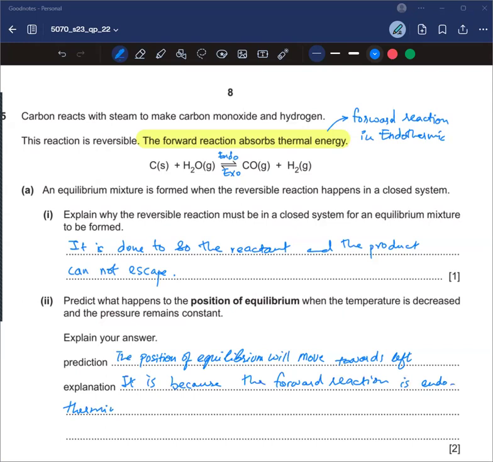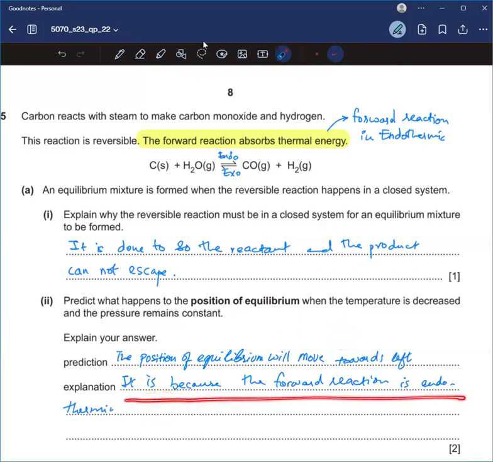Well, it's of 2 marks, right? So for 2 marks, 1 point is for the prediction and 1 point is for the explanation. For the explanation, I guess this is enough, because the forward reaction is endothermic and it's for 2 marks, so we don't need to write any more. We don't need to waste our time on it.